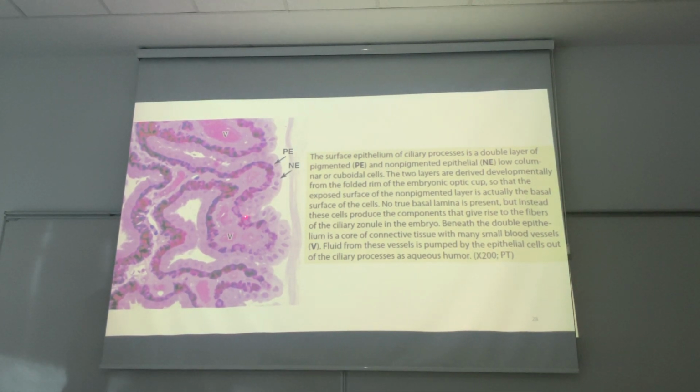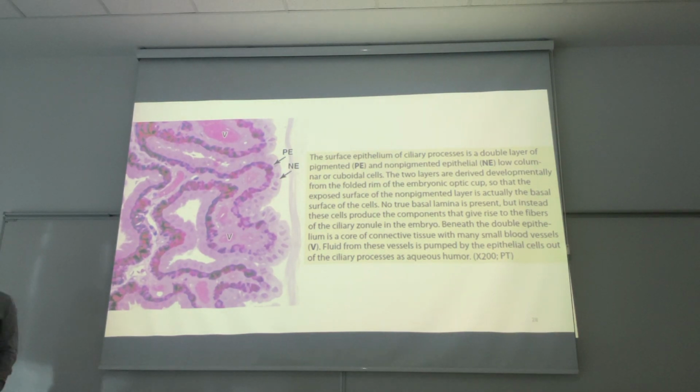Between the blood vessels and the epithelial layer, we have another barrier, the blood-ciliary body barrier. I forget the other name of this barrier, the barrier between the blood and these pigmented epithelial cells.